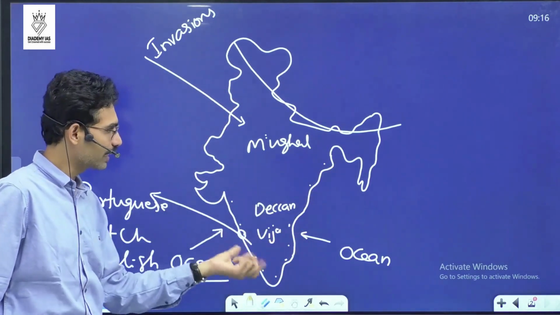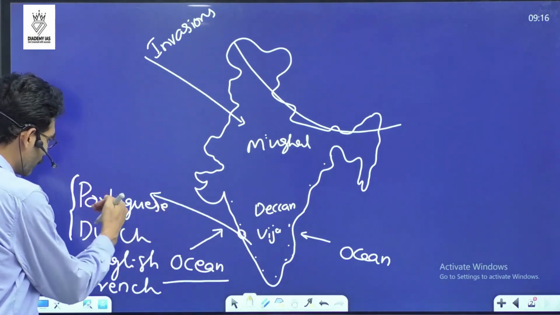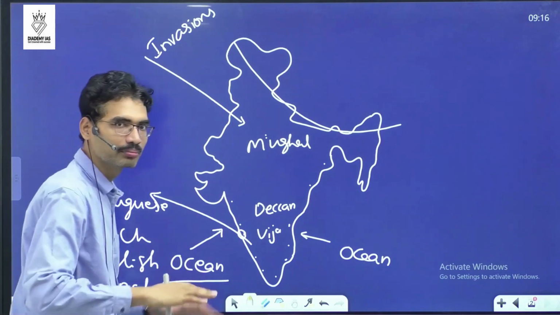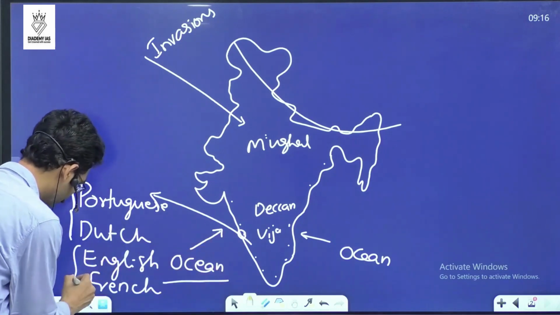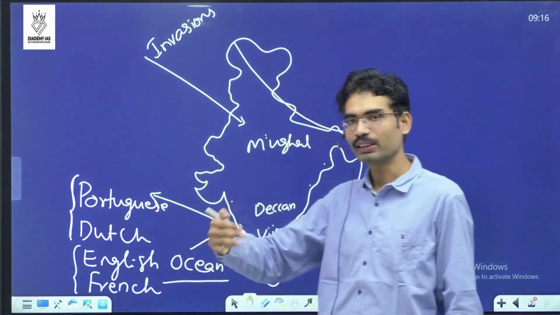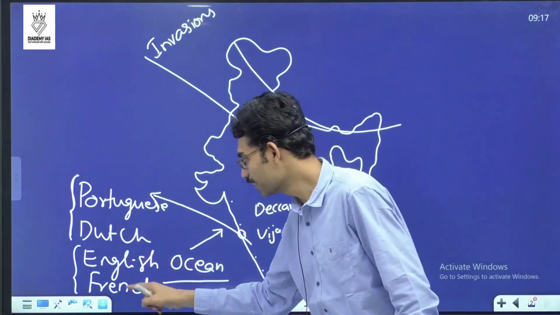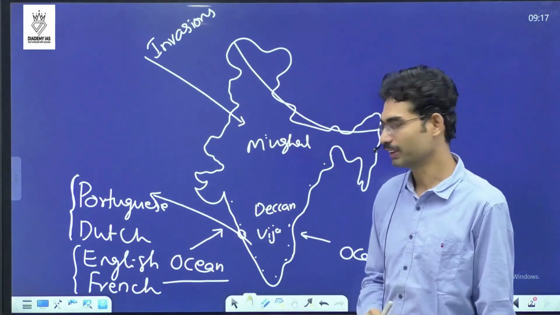Many companies were established. Gradually, over a period of time, the Portuguese and Dutch became less relevant, but by 1700 and up to 1750-60, the French and English became very powerful entities.